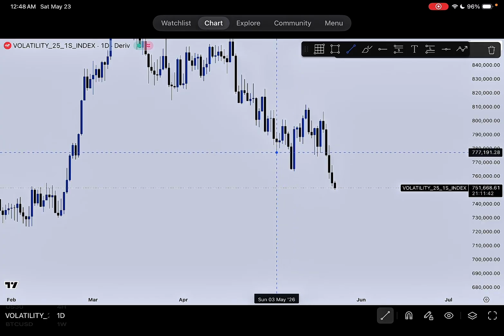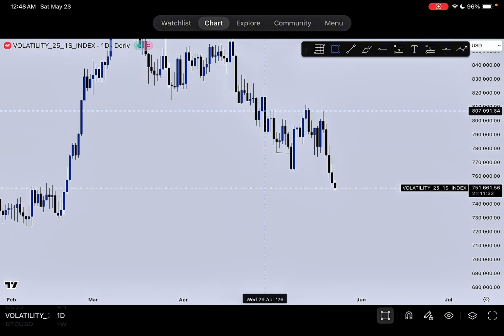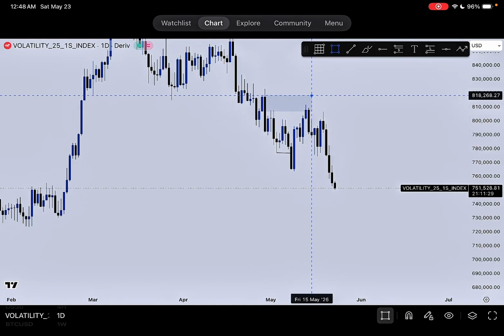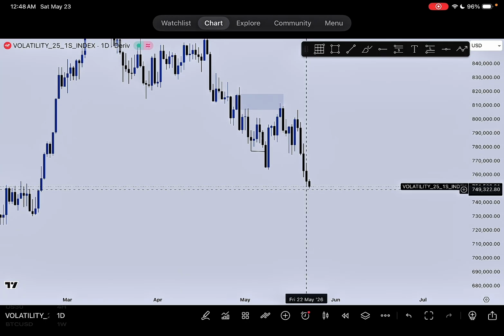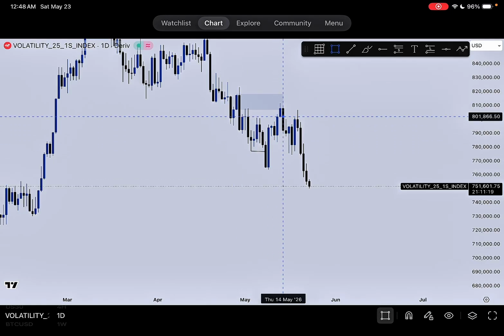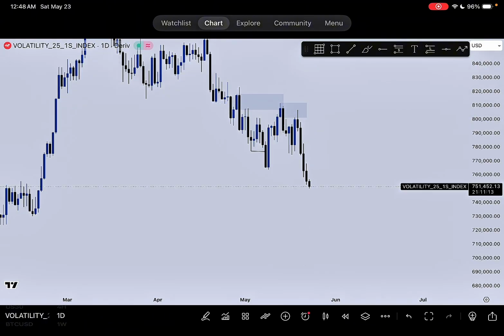We had this break of structure here, and this place, which was where I took the first sell on that chart. This particular one, that was last week. So this week, the market took the second sell, which is this other block here.